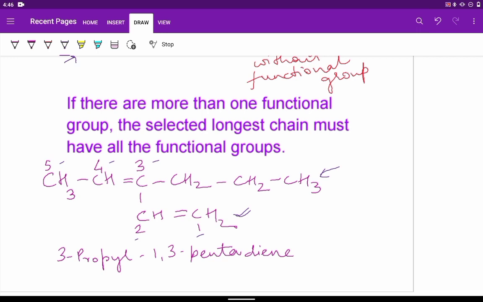At the same time, there is a propyl group substituted at carbon number 3: CH2, CH2, CH3, 3 carbons. So it is propyl, a derivative of propane, because 3 carbons, root word prop for 3. I already discussed these in my previous videos. Please go through them. So it is 3-propyl-1,3-pentadiene.